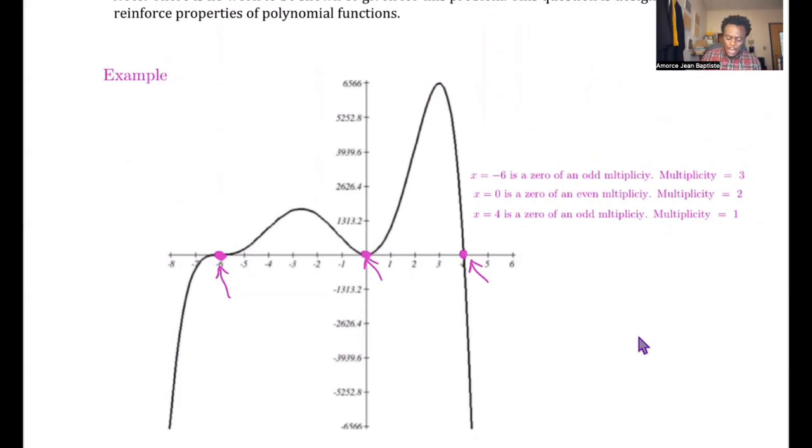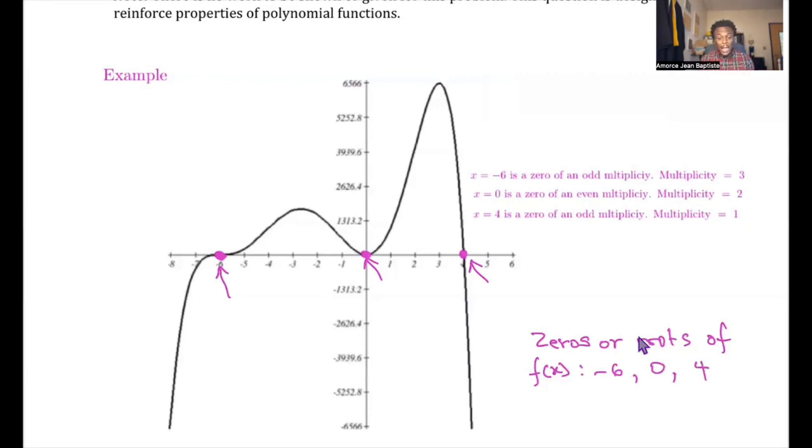So all these values, or we can call them zeros or roots of this polynomial f of x that was graphed here, are -6, 0, and 4.